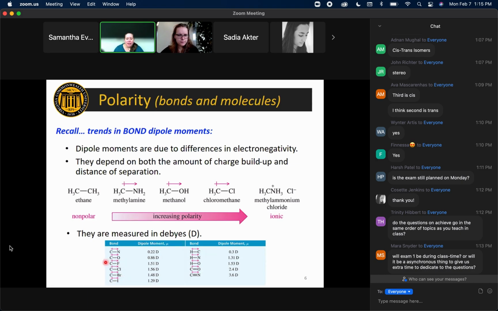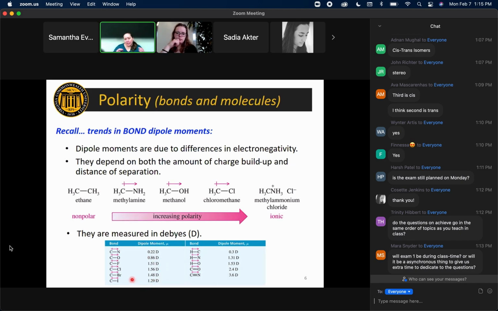And you can see that reflected in this chart here, where if you look at carbon-nitrogen, carbon-oxygen, carbon-fluorine, it's a nice trend of increasing dipole moments. But if you try to look at the trends among the halogens as you go down the periodic table, you can't really see a clear trend among the dipole moments.